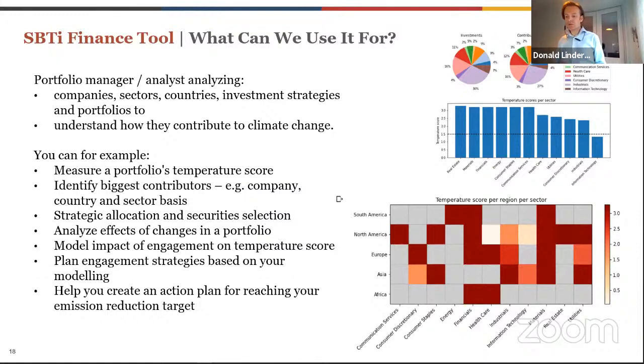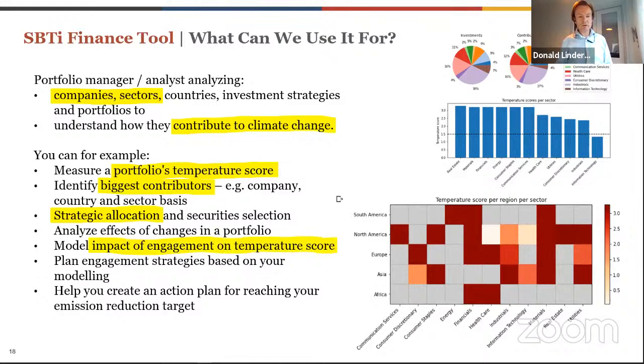So what can we use this tool for? Well, as a portfolio manager or analyst, you can obviously analyze companies and sectors and their contribution to climate change. You can naturally measure a portfolio's temperature score, but you can also identify the biggest contributors to devise your sector allocation or security selection, for example.